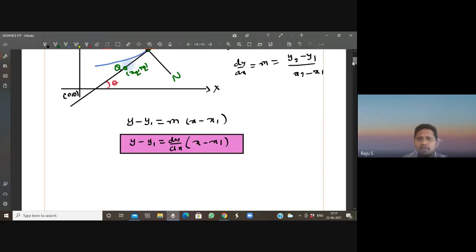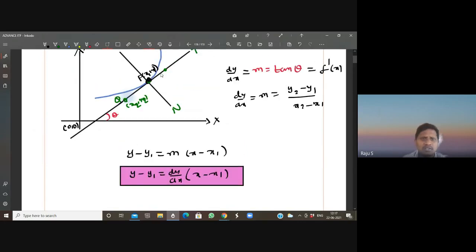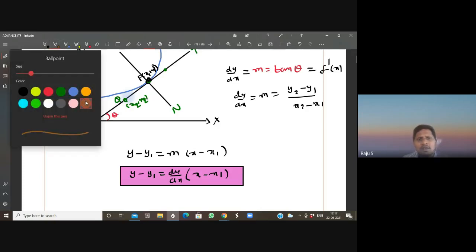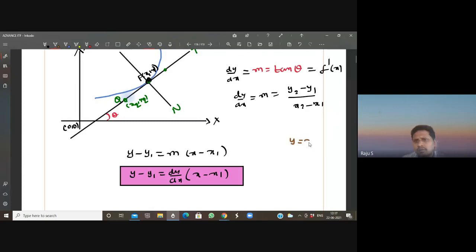Students, for example, if the theta value is not given and just a point alone is given, then how can you find dy by dx? Simple. For example, they give y is equal to x square and the point 1 comma 2.